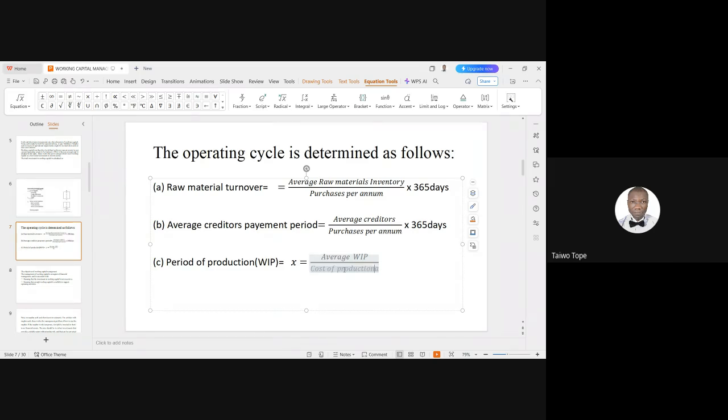Another word for cost of production is what? Prime cost.